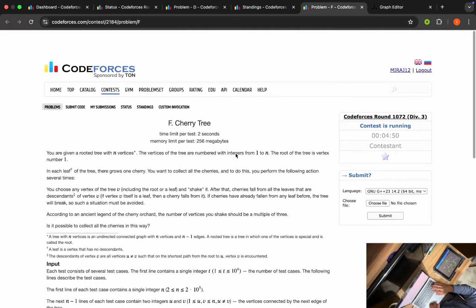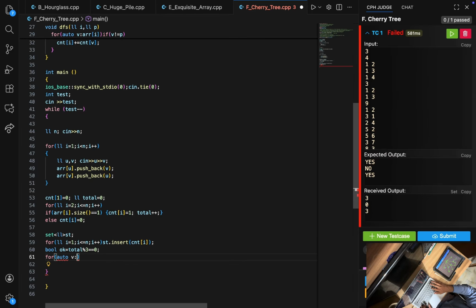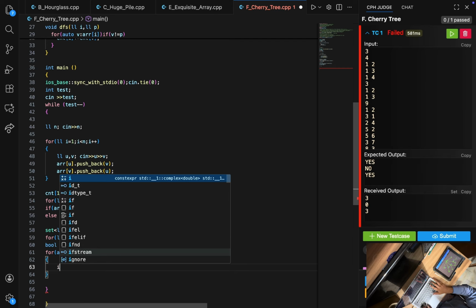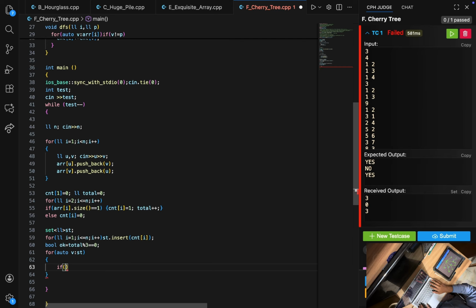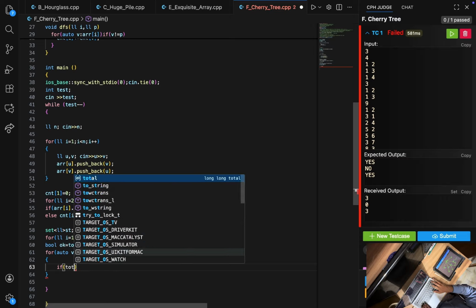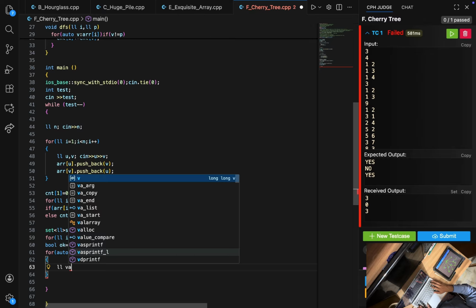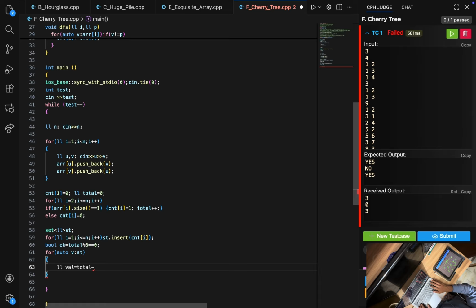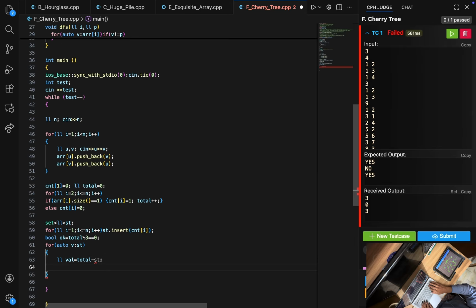For auto. How much time do I have? 4 minutes. For auto in st, if the long value equals total minus st. There can also be a possible way to sum multiple values, so it's going to get 1 for 100% sure. Yeah, it's going to get 1.